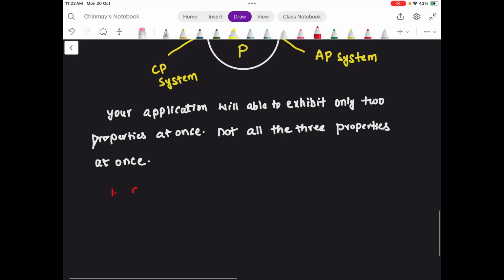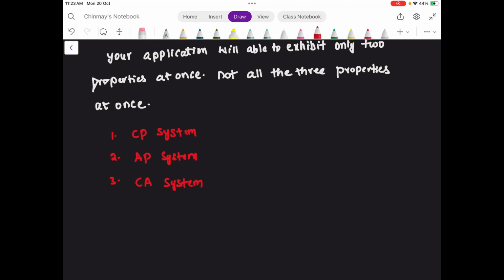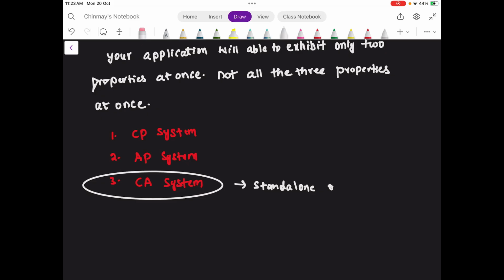According to the CAP theorem, we have CP systems, AP systems, and CA systems. Of these three systems, generally in production there is no CA system. CA systems are generally used for standalone or testing purposes.